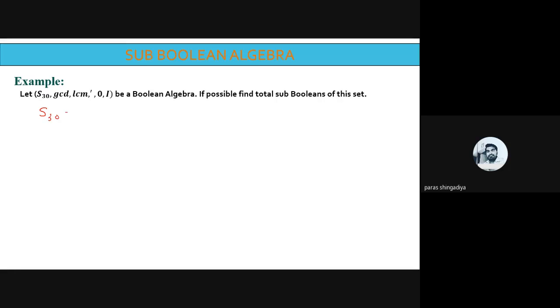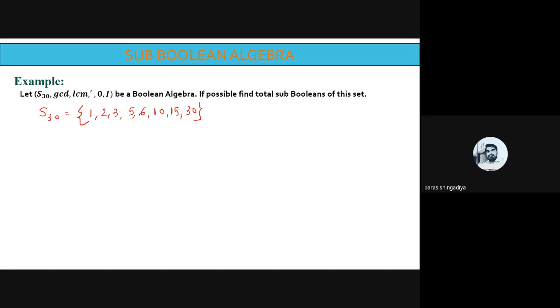So S30 is equal to 1, 2, 3, then after 5, 6, 10, 15 and 30. Clear? This is the set S30.